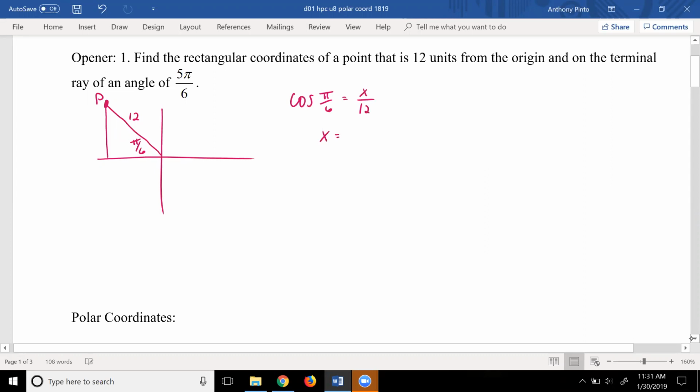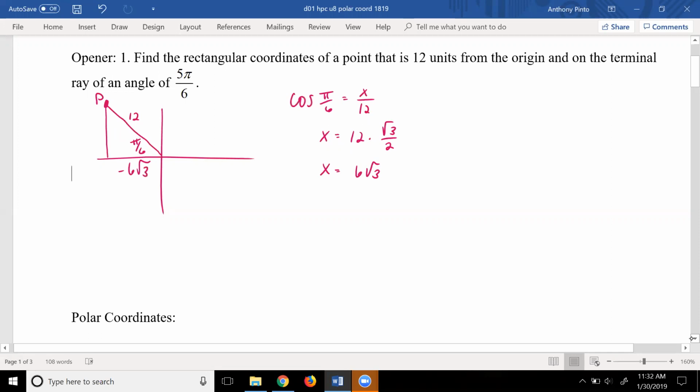So x equals 12 times the cosine of pi over 6, which is root 3 over 2. So x is equal to 6 root 3, and because we're in the second quadrant, this is negative 6 root 3.